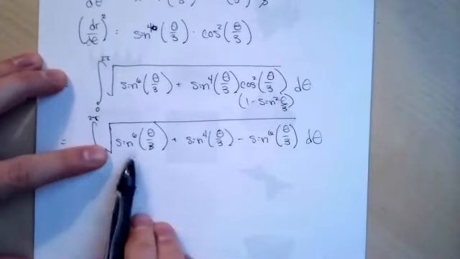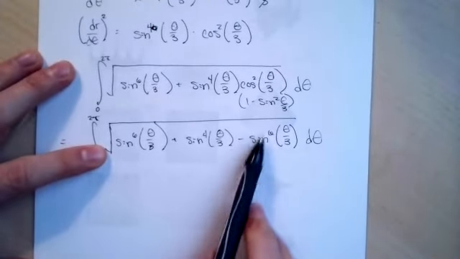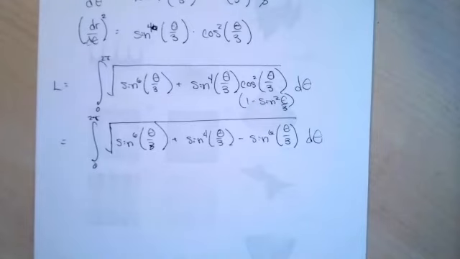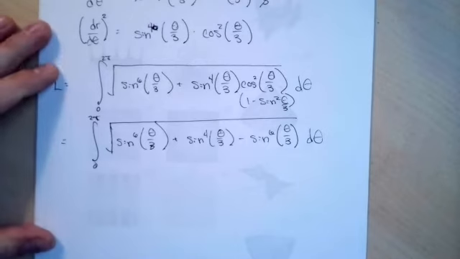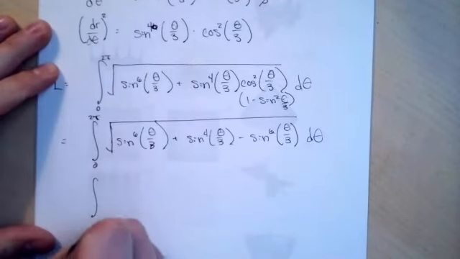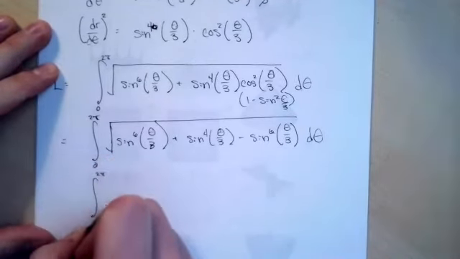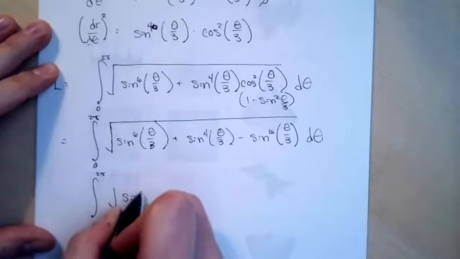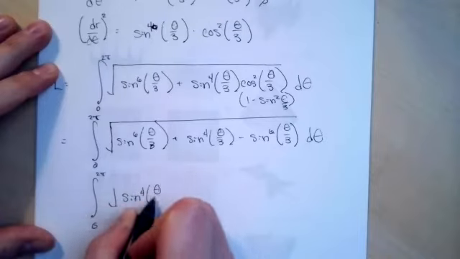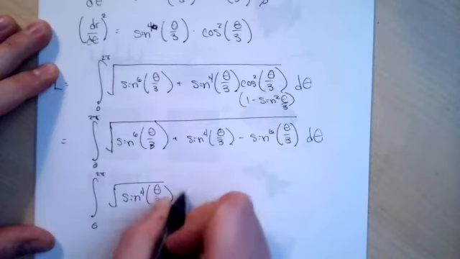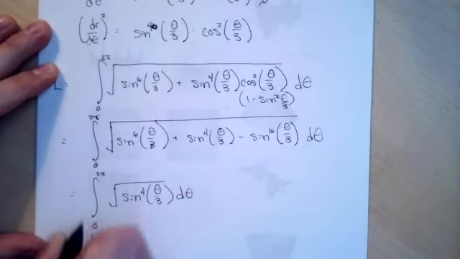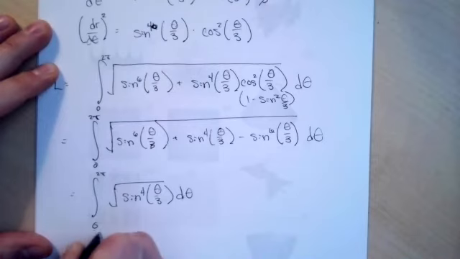And now nicely enough, the sine to the 6 actually cancels, so just mind your minus signs with the trig subs and the trig identities. And so what are we left with? Square root of sine to the 4th. And so just an integral of sine squared after that.